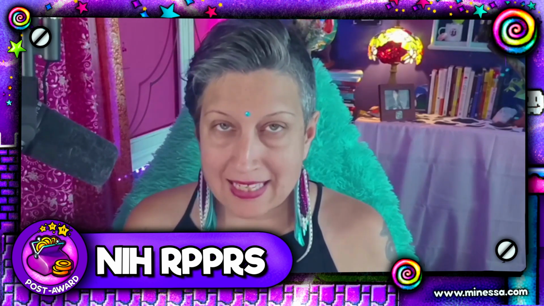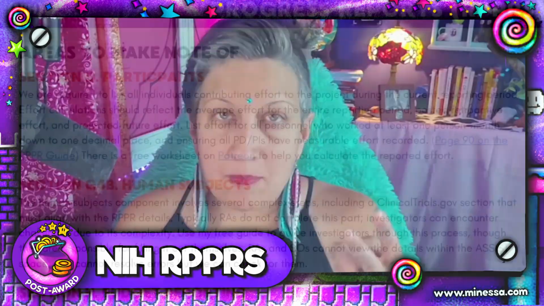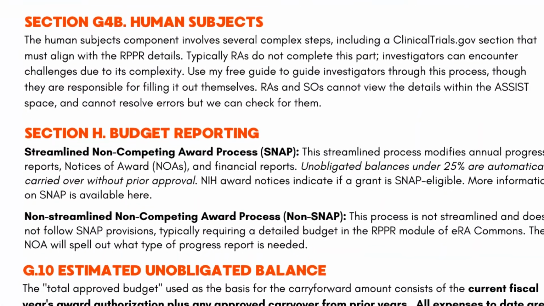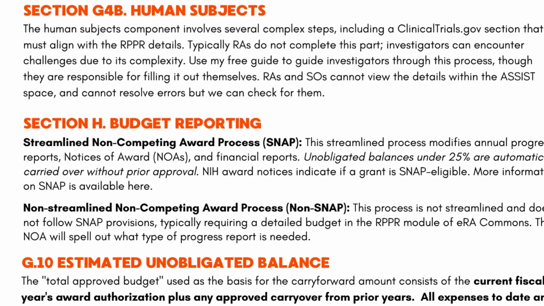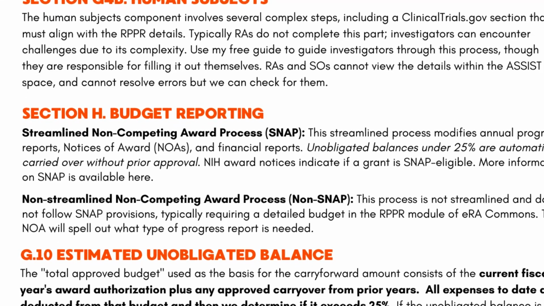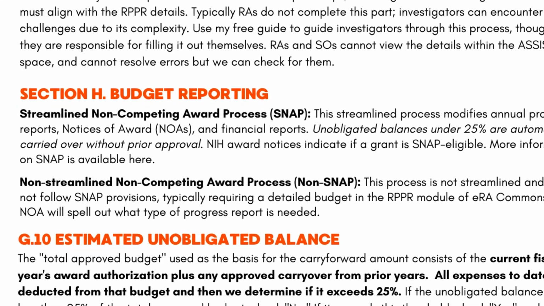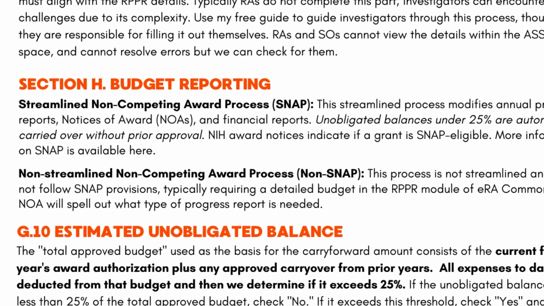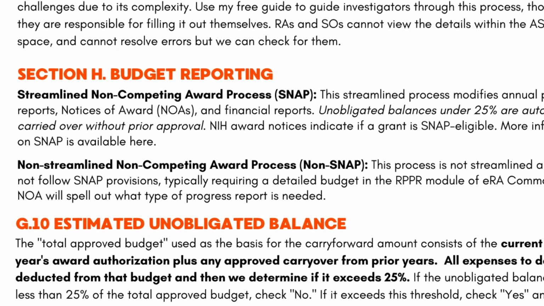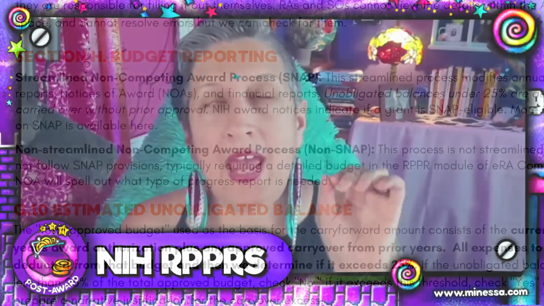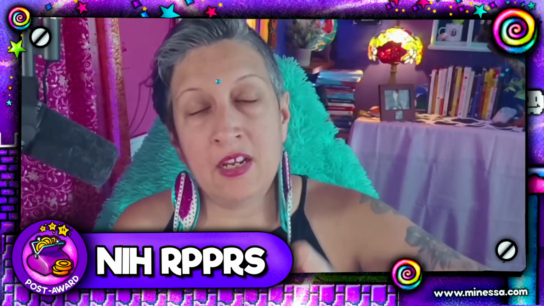Now, let's talk about the budget reporting portion, because that's also where we get heavily involved. There are 2 different ways that the budget is done. One way is under SNAP, and typically the information is going to be in your NOGA. So it'll say whether it is under SNAP or not under SNAP. SNAP basically streamlines the whole process, says, listen, as long as you don't have more than 25% in unobligated balance, you can carry that forward, have a nice life, and move on, right?